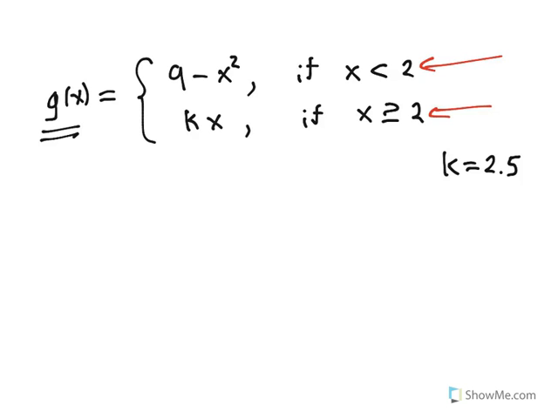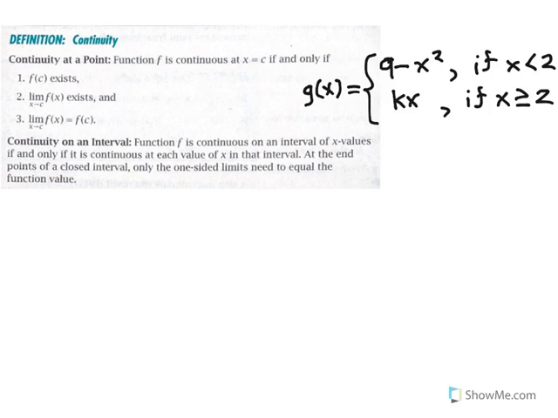So now let's go ahead and do this using the definition of continuity. So here's the definition of continuity that we learned yesterday. So we want to make sure that our piecewise defined function g is continuous at the transition point where x is equal to 2.